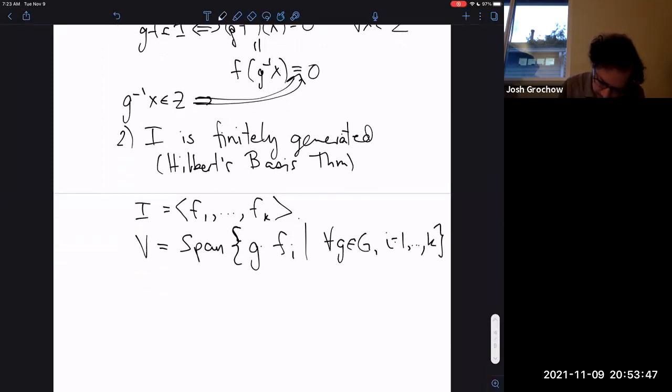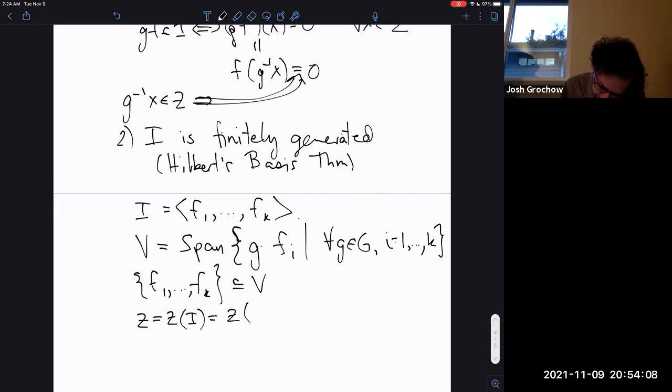Okay, and now the point is, V is now a G module. The generators of our ideal are contained in V. So Z of I is Z of our generators.